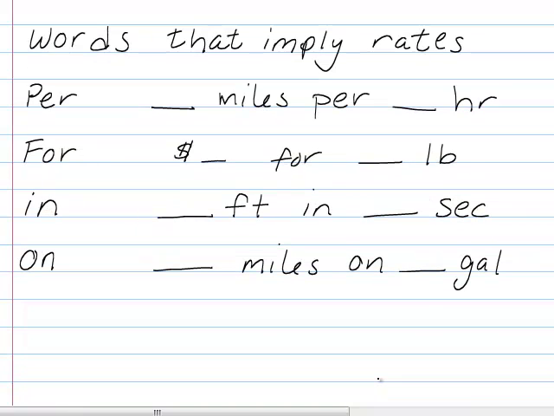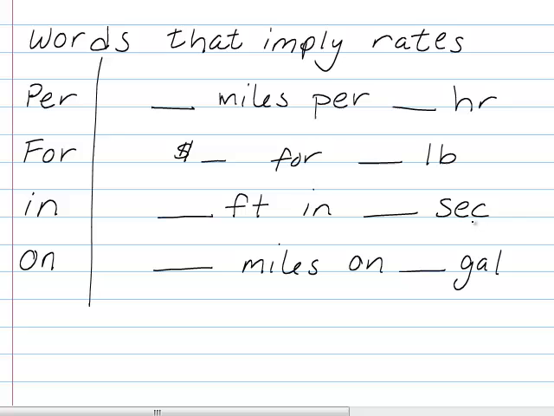So here again are some words that imply we're talking about rates. If you have the word per in something, for instance, a certain number of miles per hour. For is another one, dollars for a particular amount of, say, produce or meat, dollars per pound, or I get a certain number of pounds for a certain number of dollars. In is another one. We can run so many feet in a certain amount of time, seconds.